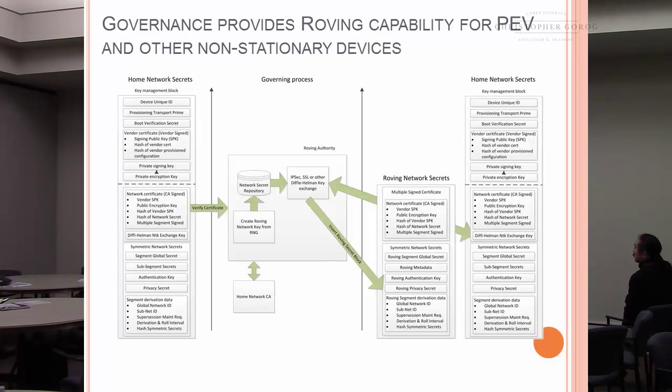And the thing you can do is double sign the home one for the roving one. So when you want to make a roving block, you take the home block, you communicate with their CA, verify that it's them, and double sign it. Now they have non-repudiation of charges.